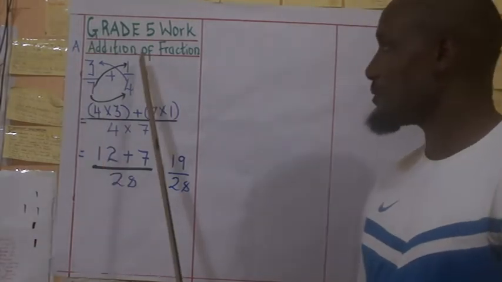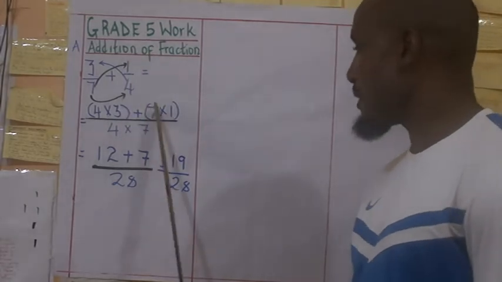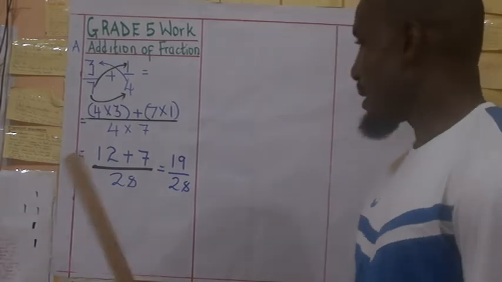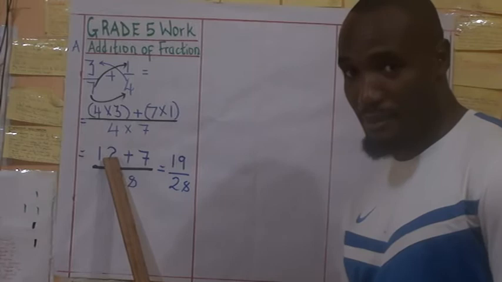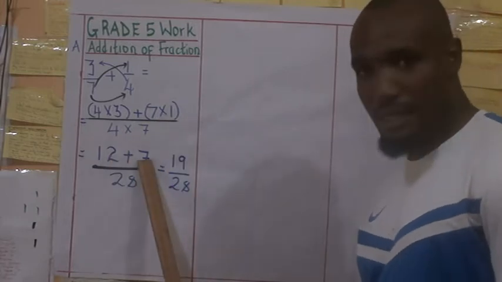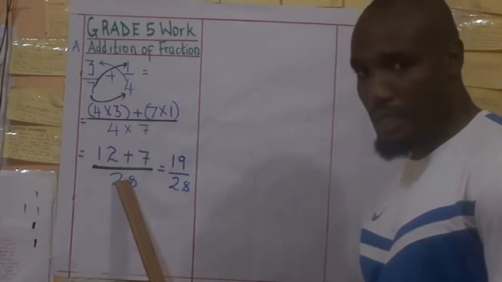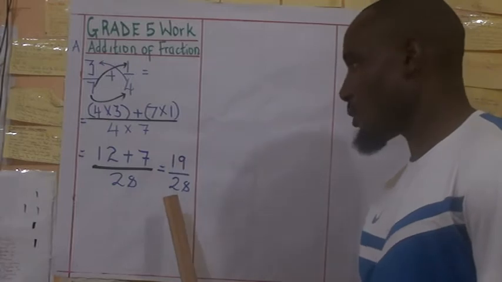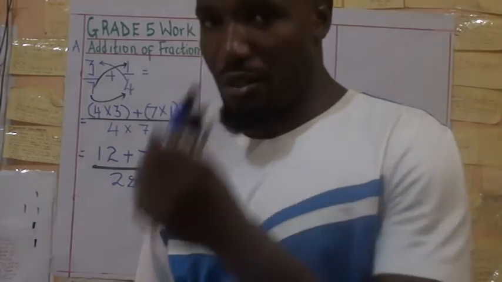Next, you multiply the first denominator with the second numerator, that is 7 times 1. Now, 4 times 3 is 12, 7 times 1 is 7, 4 times 7 is 28. Then you add, and you get 19 over 28. As simple as that. That is how you get the addition of fractions.